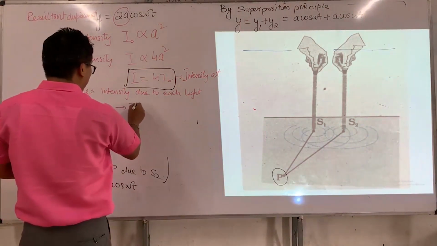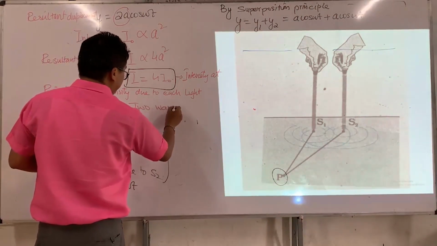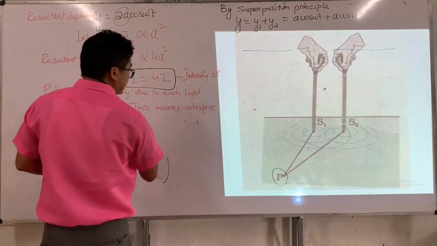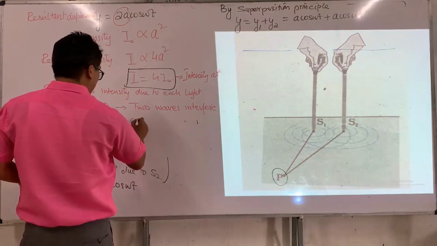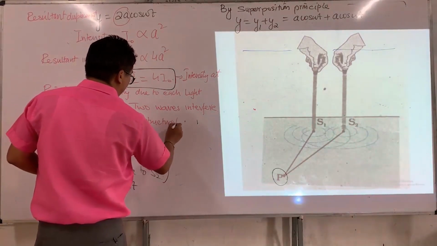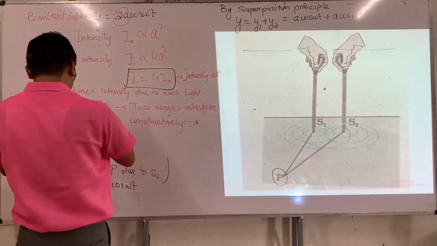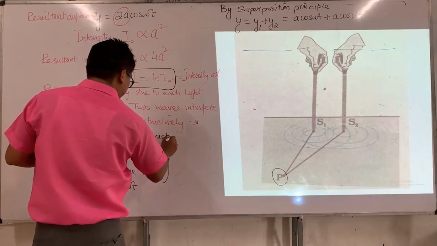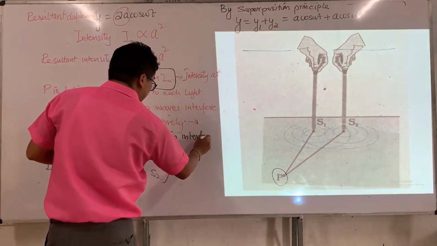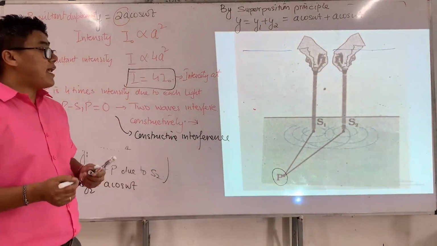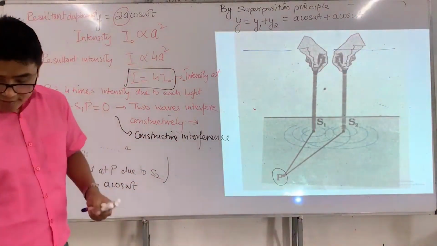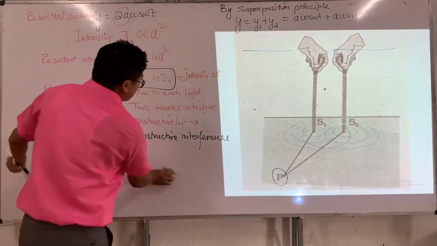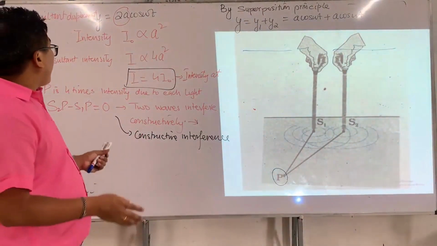Then the 2 waves interfere constructively, and this is what we define as constructive interference, where intensity is 4 times.